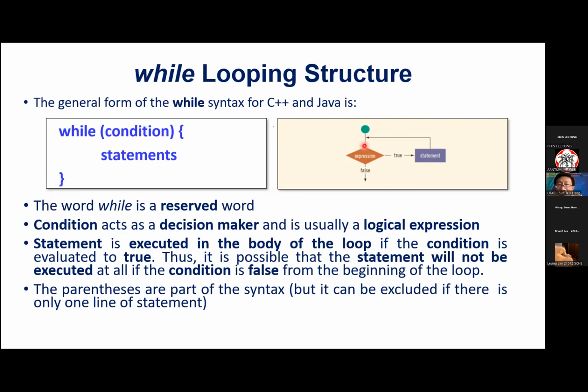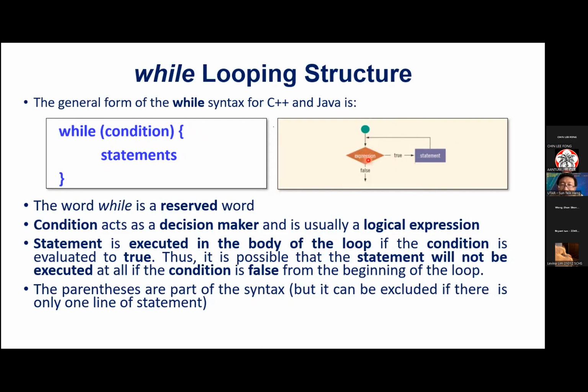To represent this in the flow chart, you can see over on the right hand side here, we check the expression. If the condition is true, then we will perform the statements and then we'll repeat to check the condition.